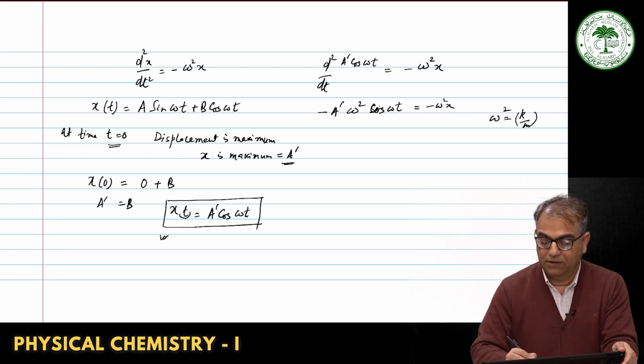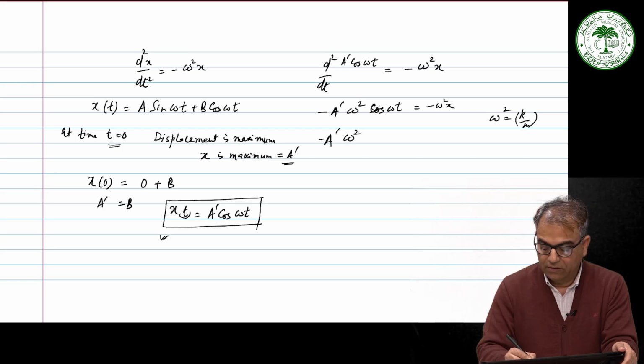So, omega square we can write as minus A prime omega square, or A prime I should take this side, minus omega square A prime cos omega t.